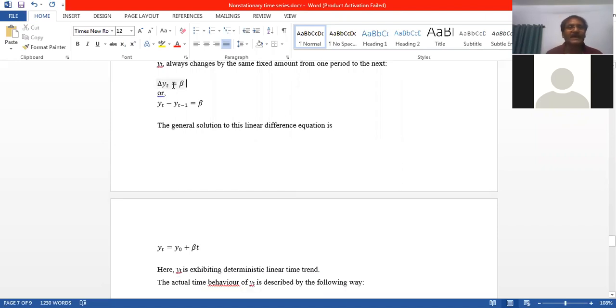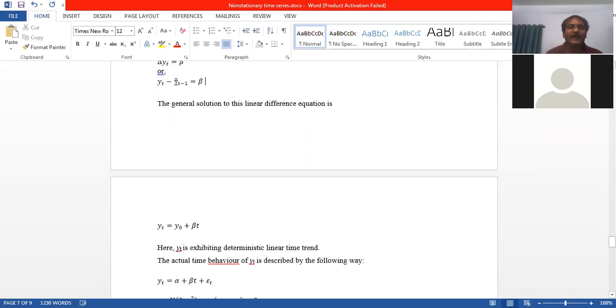So we can rewrite this expression simply in this form, because delta yt can be written in this way: yt minus yt minus 1 is equal to beta. If you take yt minus 1 to the right hand side, you have yt is equal to beta plus yt minus 1.